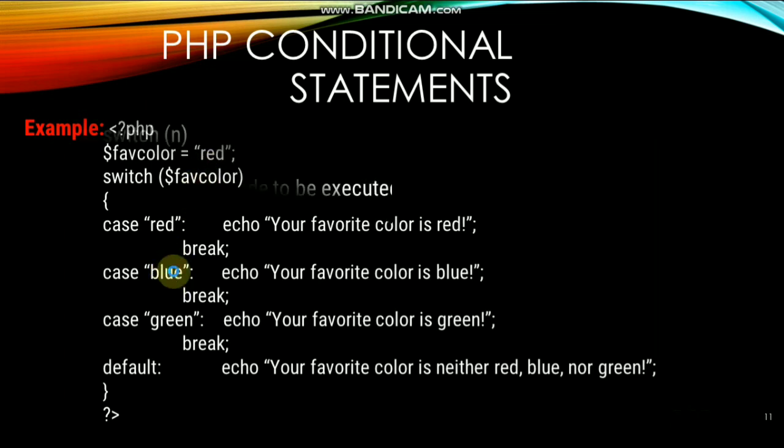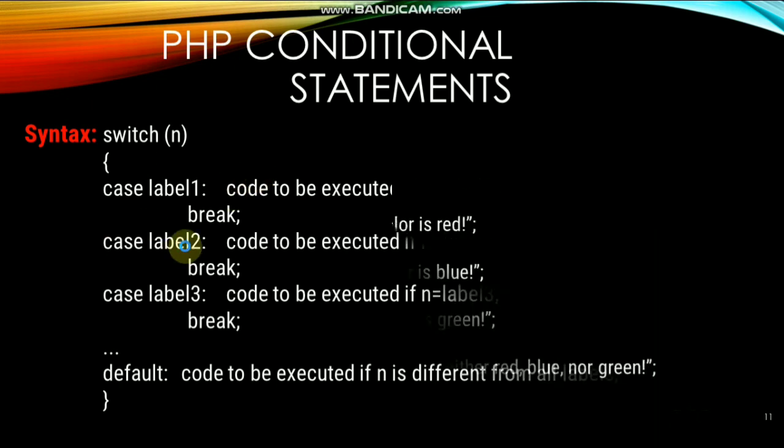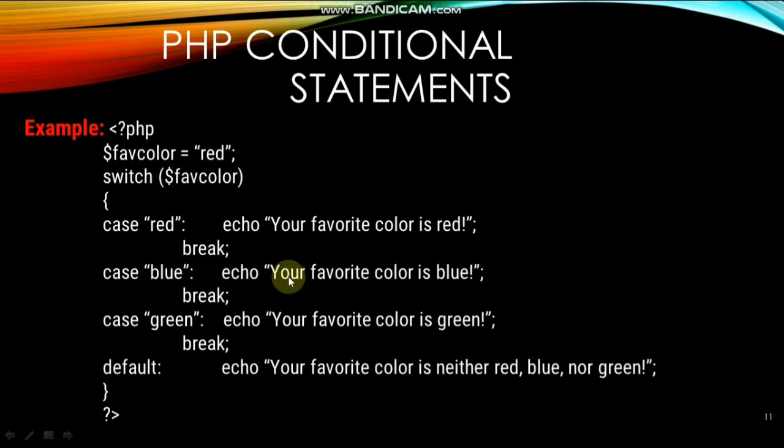So that is the thing which is given here. See, my n should be equal to the label. So red means red. So n should be equal to the label. So if it is true, the code will be executed and then it will move out. If it is false, then the next label will be executed. Clear? So here it is blue, so my output will be your favorite color is blue. And then it sees a break, the condition is true, it's satisfied, it printed the output and then it will move out. Okay, so rest of the lines will not be printed.